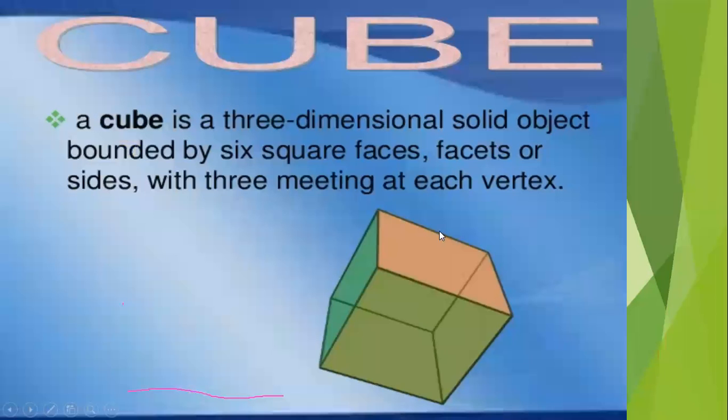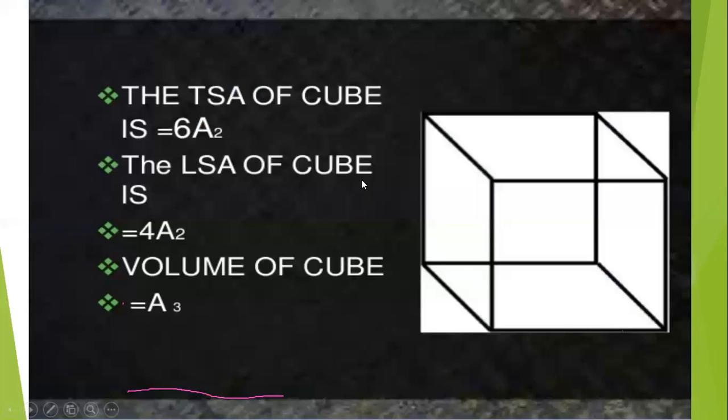If you look at the cube, it has all sides which are equal, and it also has 6 faces. Then to get the total surface area of a cube, since it has 6 equal faces, if each side has an area a squared, then its total surface area is got by 6a squared.